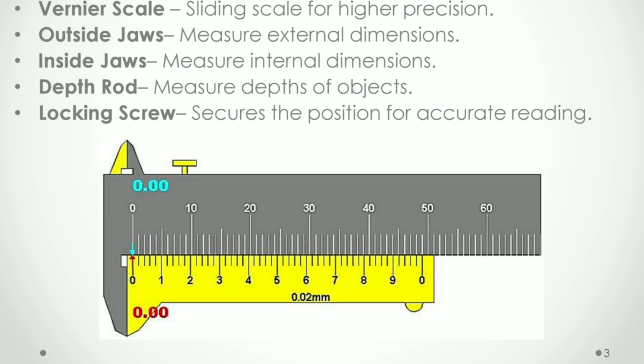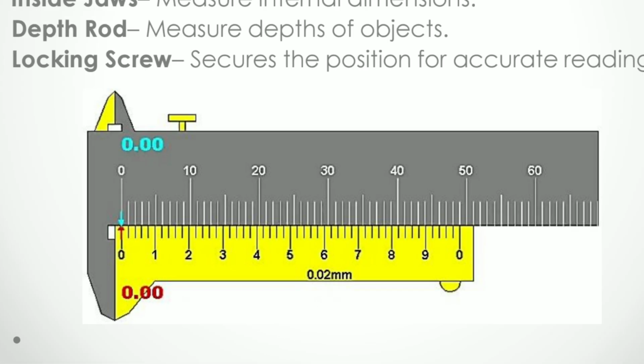The yellow color is the vernier scale and the black color is the main scale. The zero line of the vernier and the zero line of the main scale should be exactly collinear.